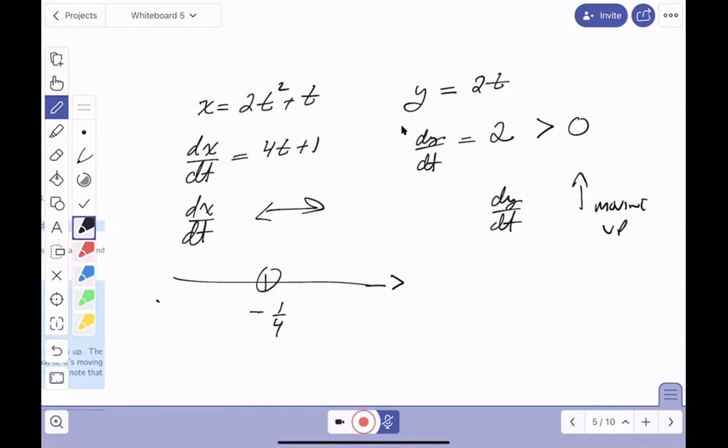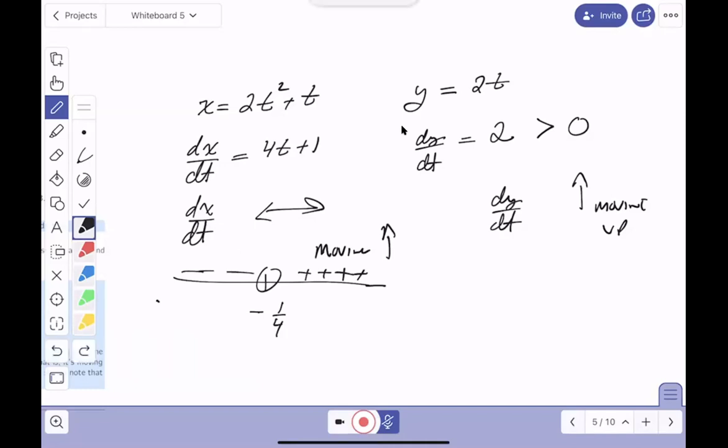I didn't mean to put the arrow there, sorry. Pick a number after minus 1/4, plug it in, like 0. What do you get? Positive. What does that mean? Moving to the right. If you took a number to the left of minus 1/4, what would you get? It's negative, which means it's moving to the left. By the way, I'm sorry, I said up.